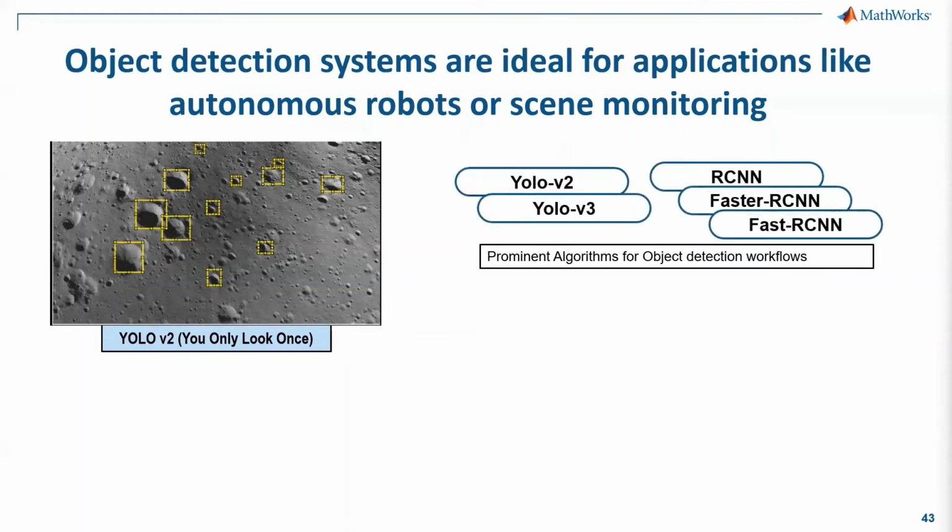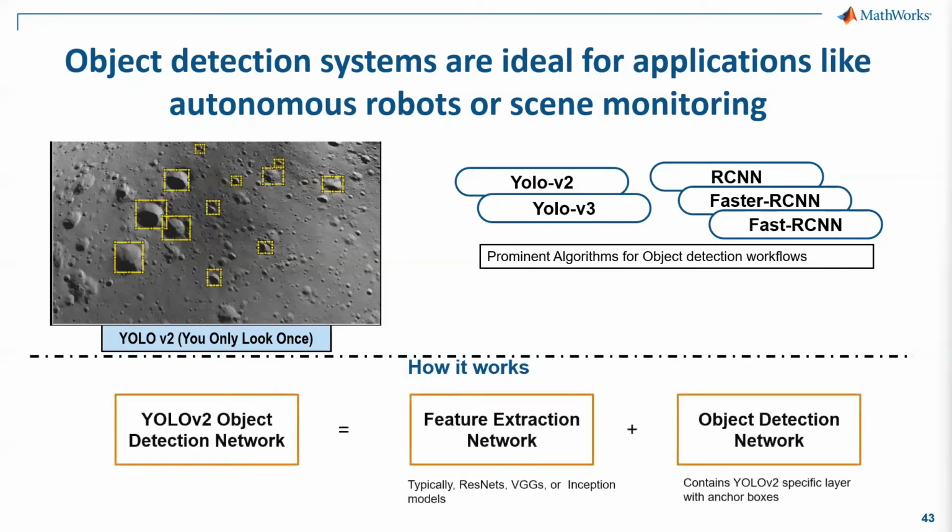Some of the prominent ones are YOLOs and RCNNs. So what is YOLO? YOLO means you only look once. It's a single neural network evaluation applied to a full image for prediction, unlike RCNNs that perform thousands of evaluations on a single image.